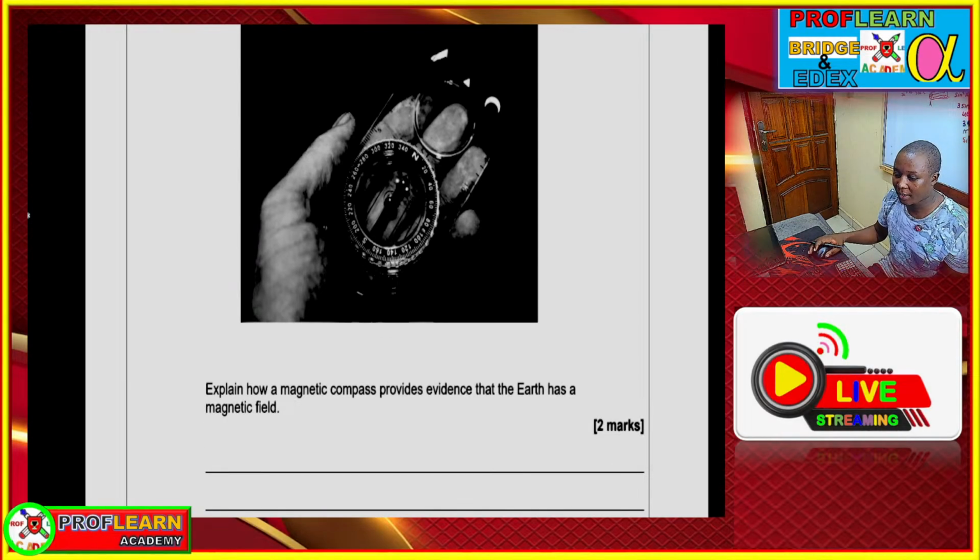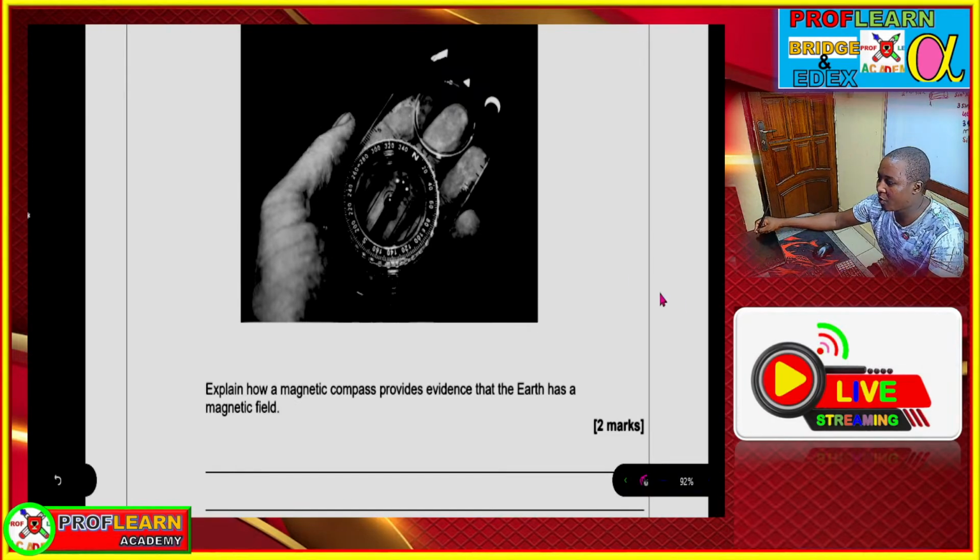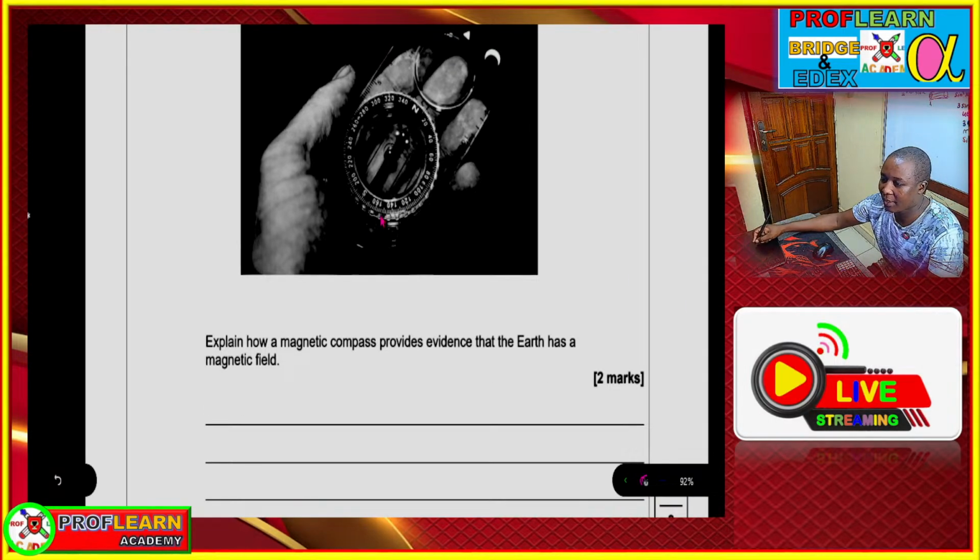Explain how the magnetic compass provides evidence that the earth is magnetic. How does it provide evidence? The earth is magnetic, because if you let the compass lie flat, it's going to point in a particular direction. If you place a compass in a given position, it's going to rotate and point in a particular direction.